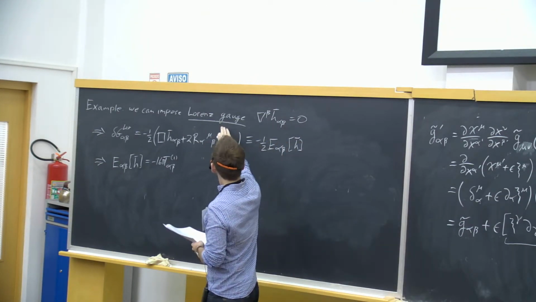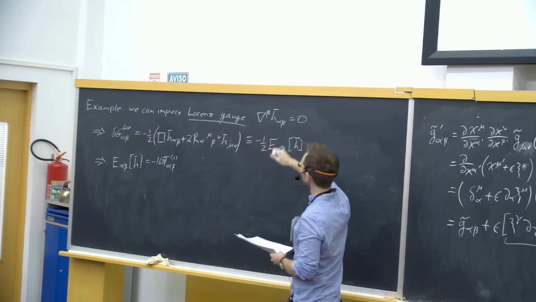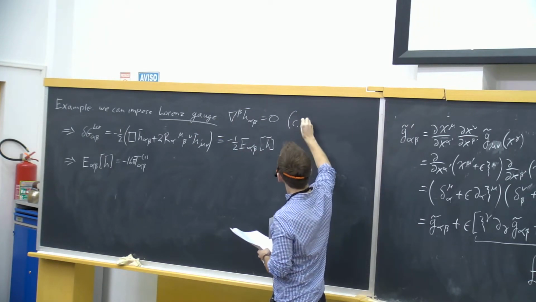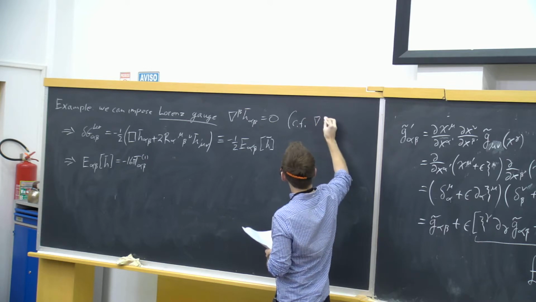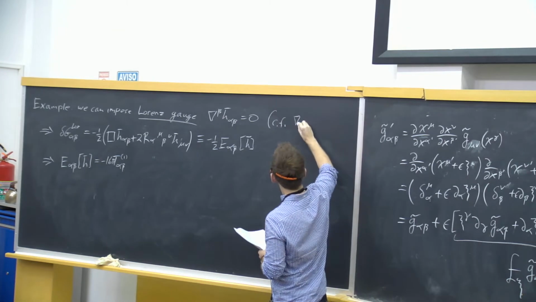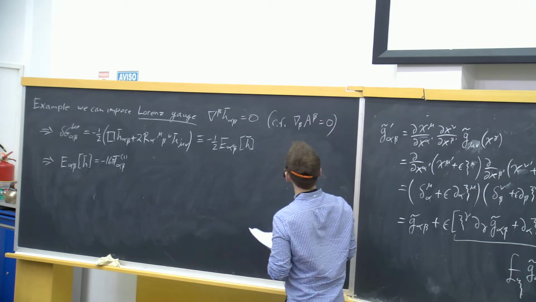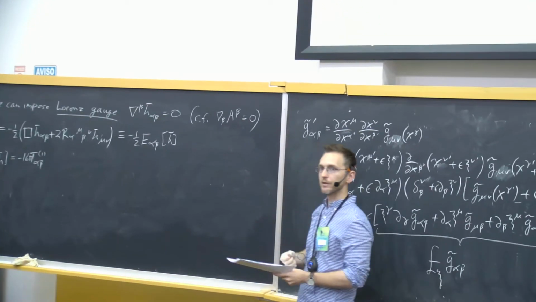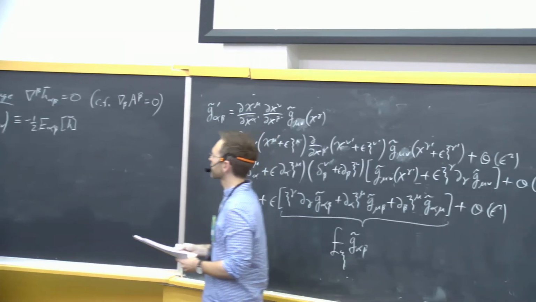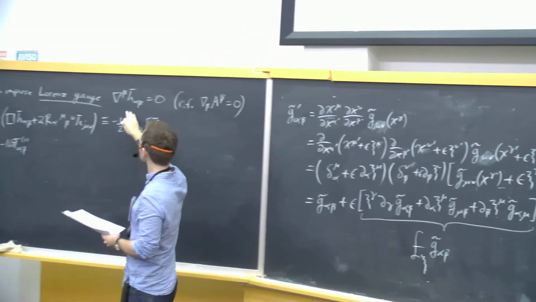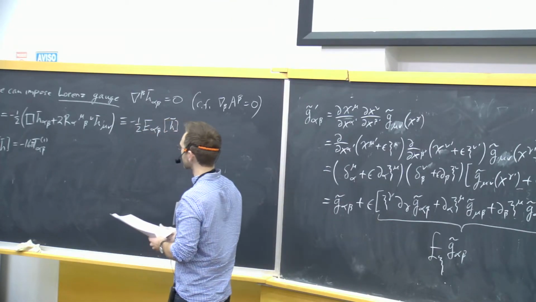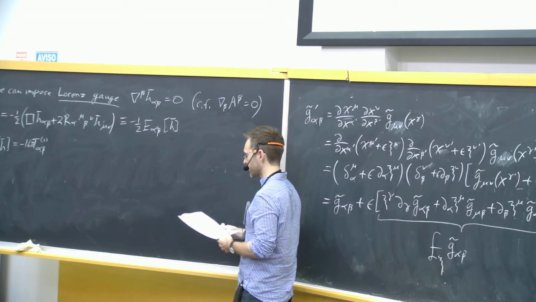So this name, Lorentz gauge, is inspired by the analogous gauge condition in electromagnetism, which was just the divergence of the potential as 0. And this is also closely related to the harmonic gauge condition that Luke mentioned.